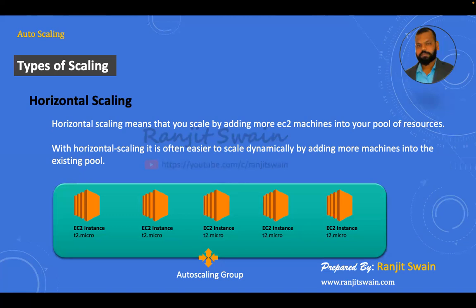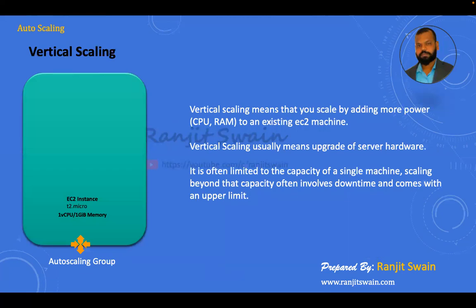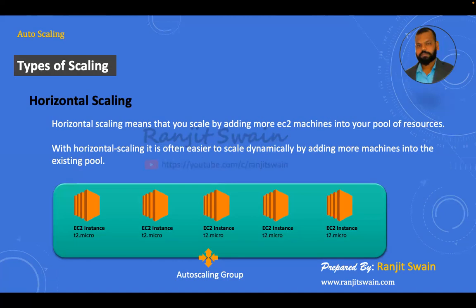Okay. Now, vertical scaling. What is vertical scaling? Vertical scaling means that you scale by adding more power to an existing EC2 machine. In horizontal scaling, it will be scale in and scale out.